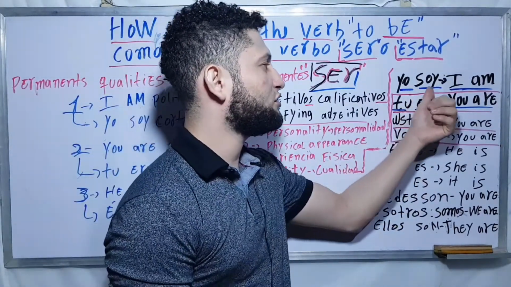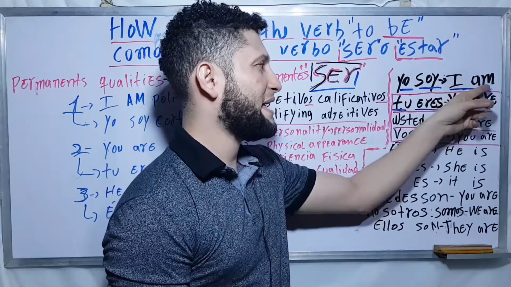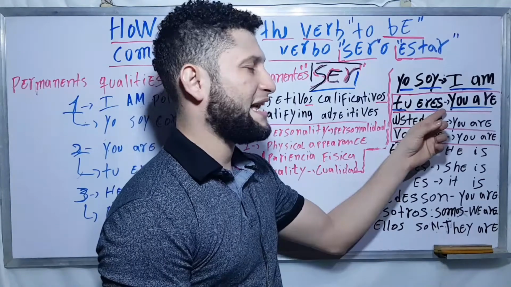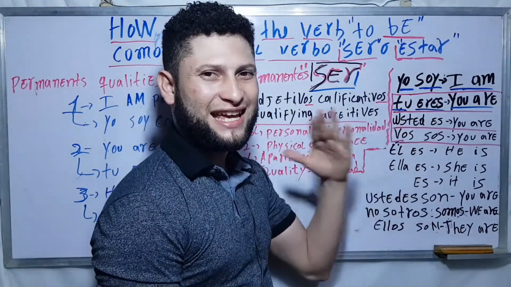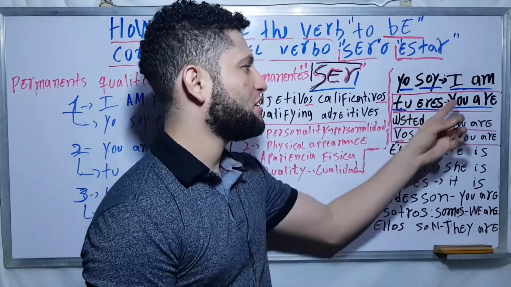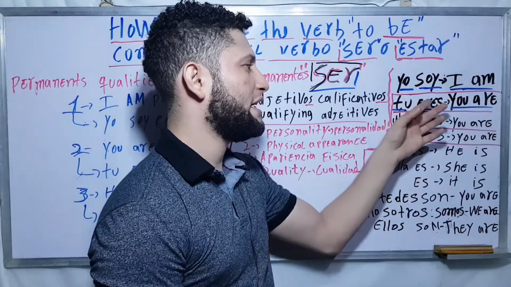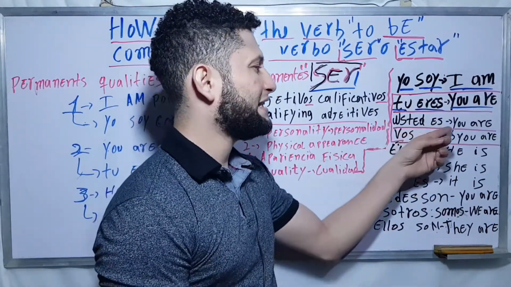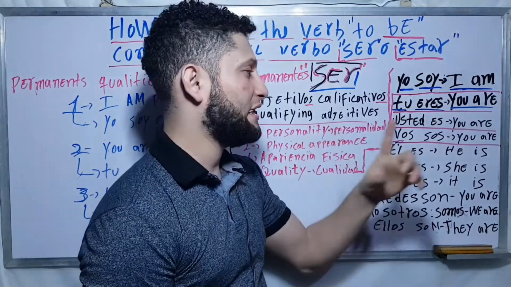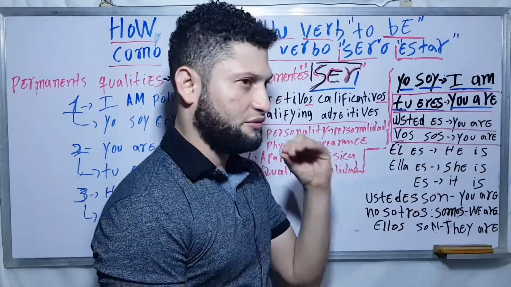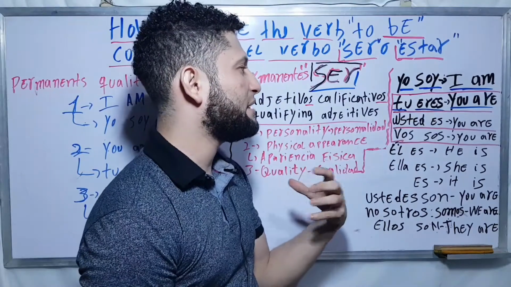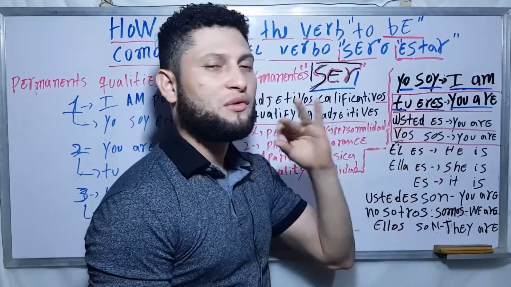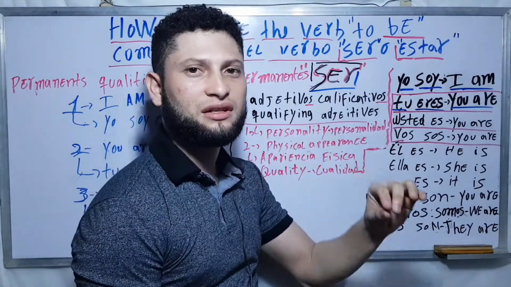So, yo soy, I am. Tú eres, you are. Usted es is also you are, but remember, we are speaking about you are, or tú eres in Spanish, for the second person in singular.